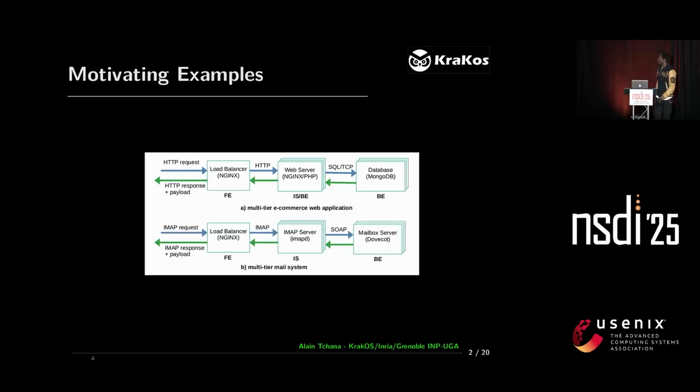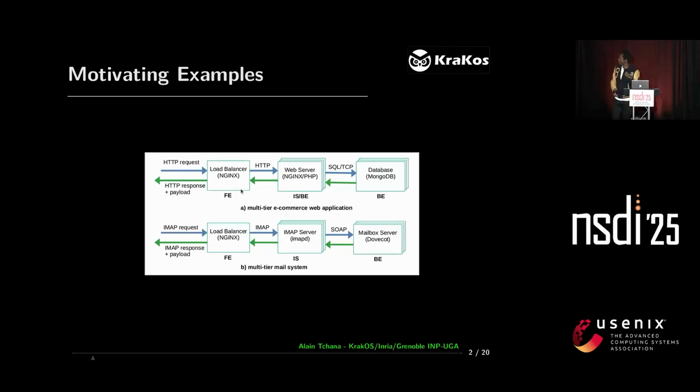This is the motivating example of this work. Here we have an example of two typical multi-tier applications. This can also be applied to microservice-based applications. At the top of this figure, we have an e-commerce application, with final clients who can send requests to the application, which is located inside the data center.